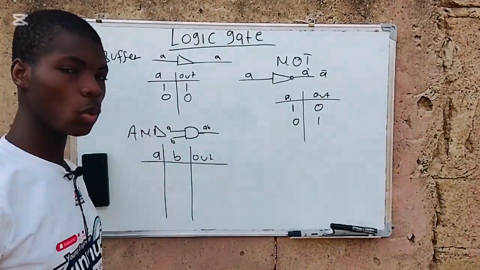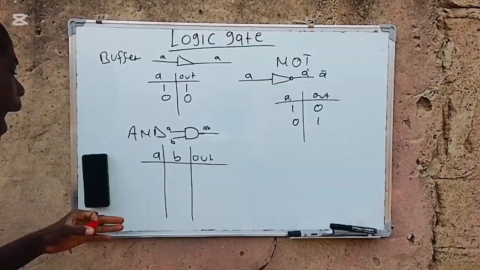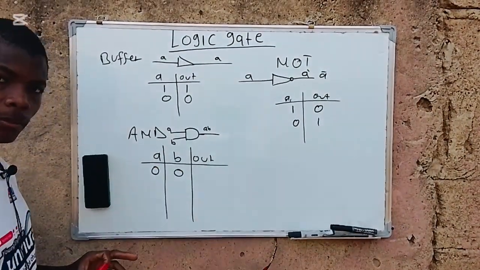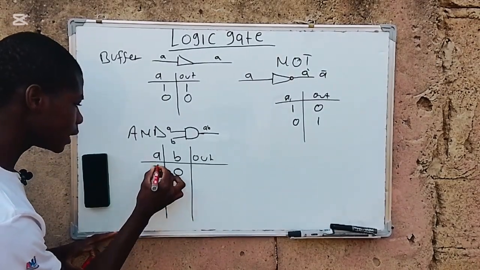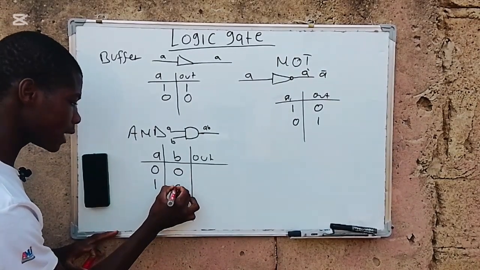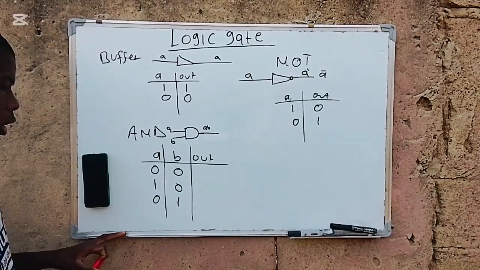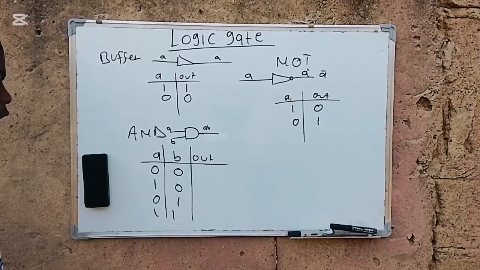But in AND, what if both inputs are zeros? What if A is 1 and B is 0? Or A is 0 and B is 1? What if both are 1? What are we going to get?